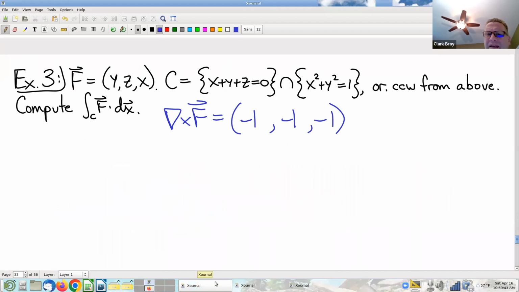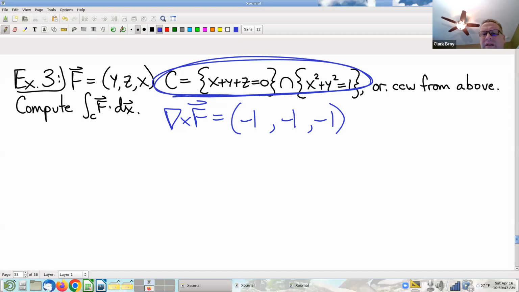Finding the endpoints isn't particularly convenient the way this is written. I'm just given 2 surfaces, and I'm told that my curve is the intersection of those surfaces. It's not given parameterized, so I'm not going to really need to capitalize on that boundary theorem business. It doesn't help me.